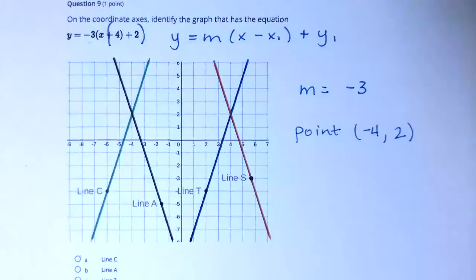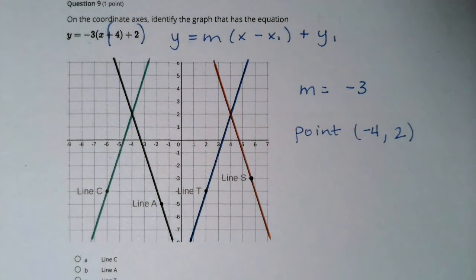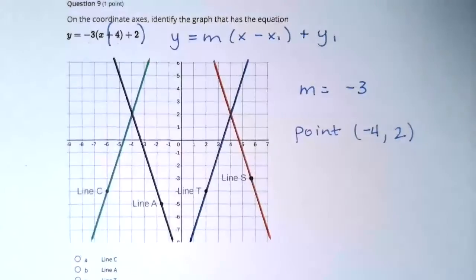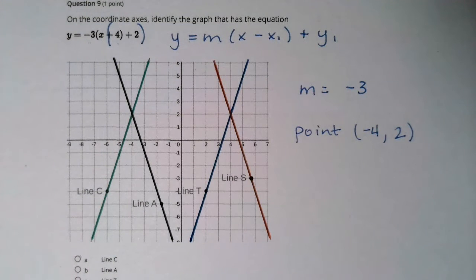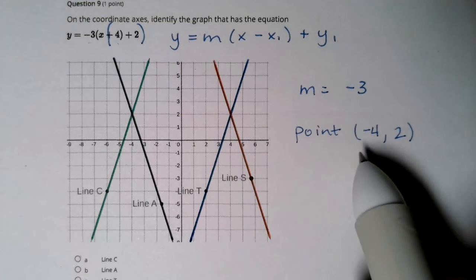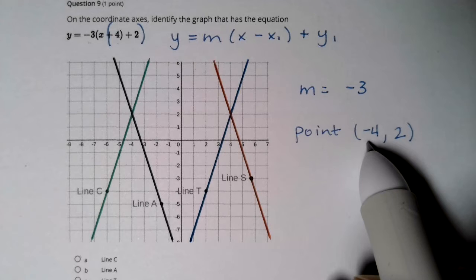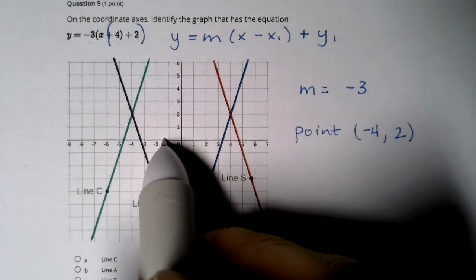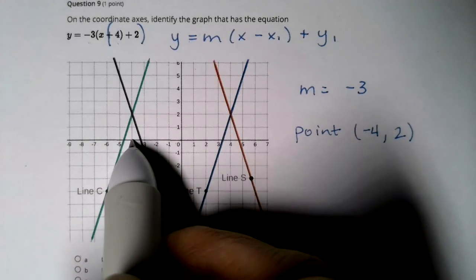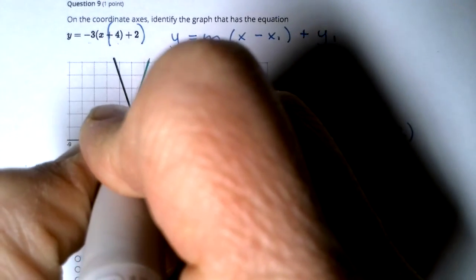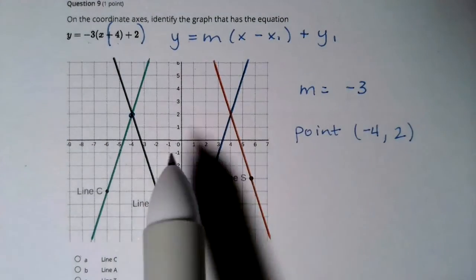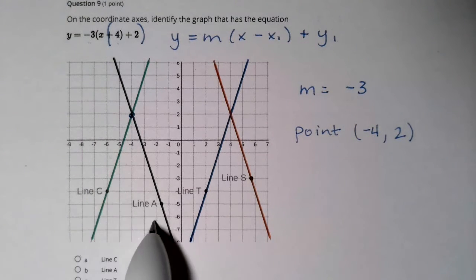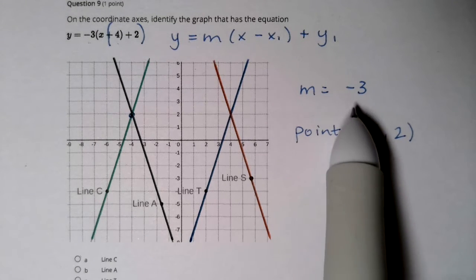Some students like to think of another set of parentheses there, that's your ordered pair, except you have to switch the sign for the value inside the parentheses. So looking at my graph to see where the point -4, 2 is. -4 for my x value, here's -4, and +2 is right here. So the choices that I have now are either line A or line C, and I'm going to use my slope.